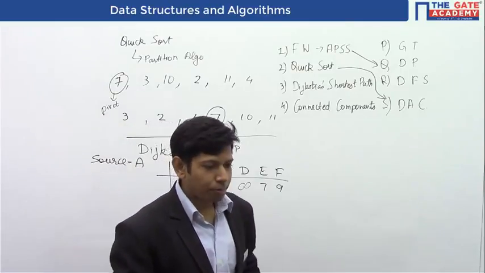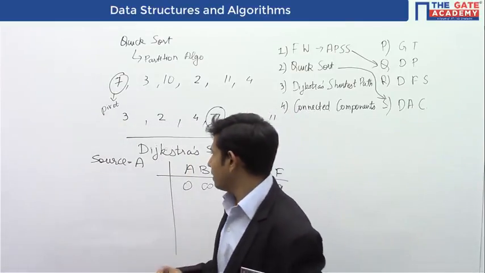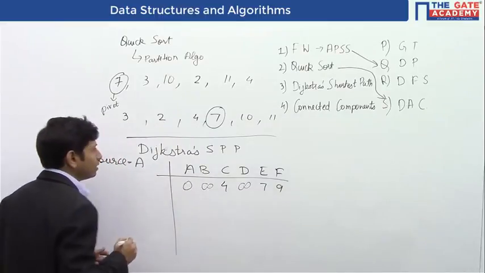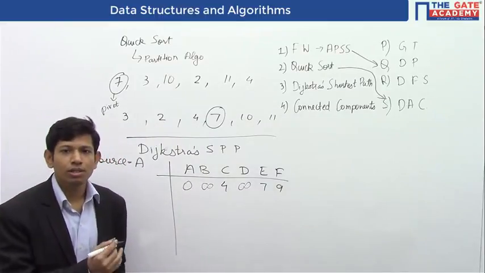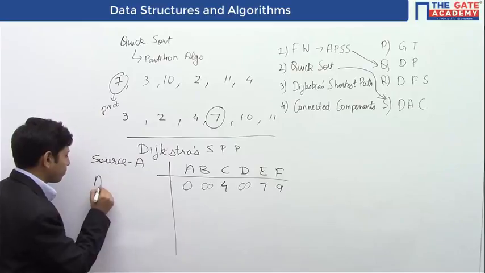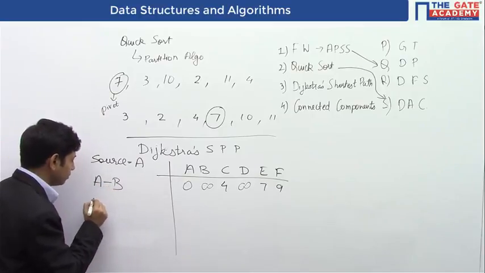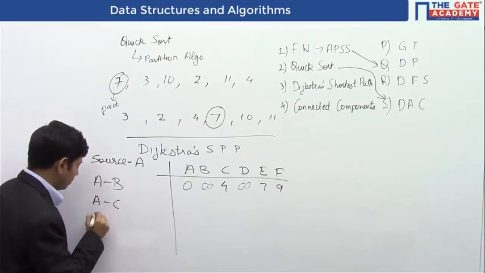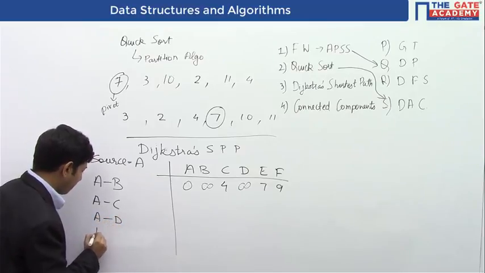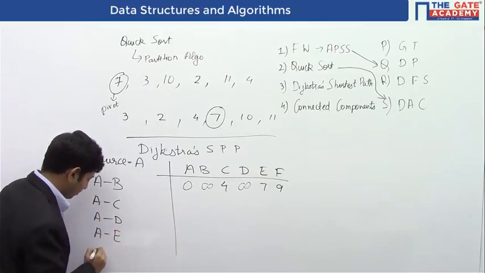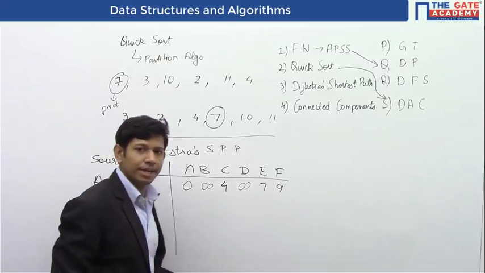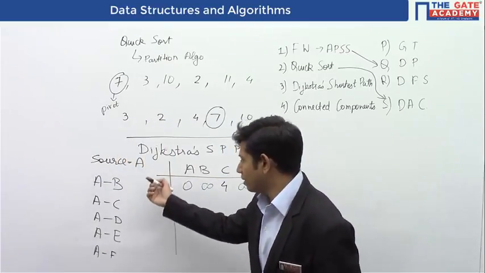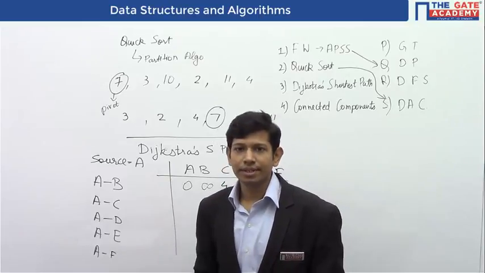The final result is that from source A, we will obtain the shortest path to all the vertices. So A to B, A to C, A to D, like this we will obtain the cost of all the vertices.